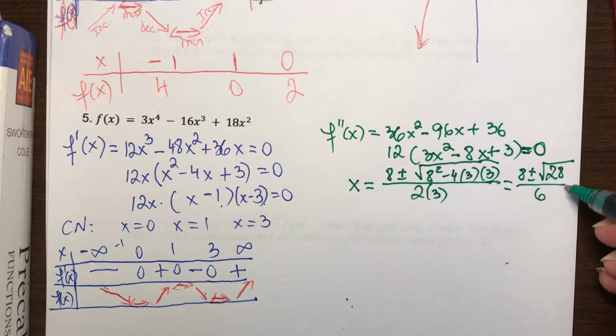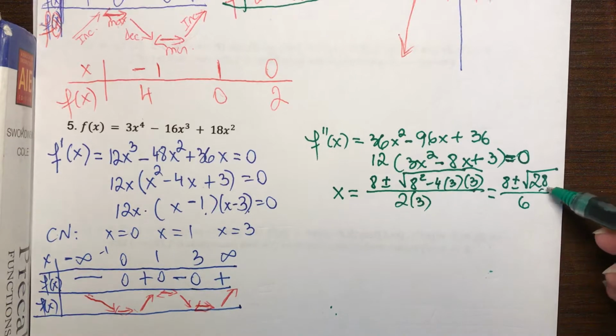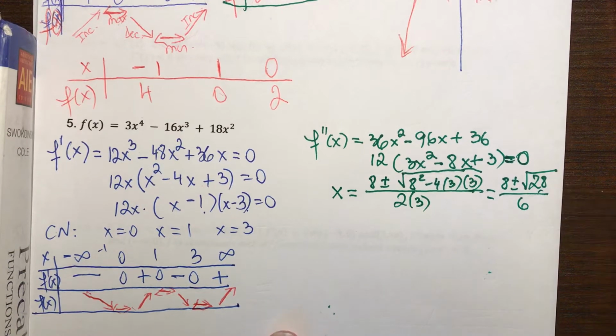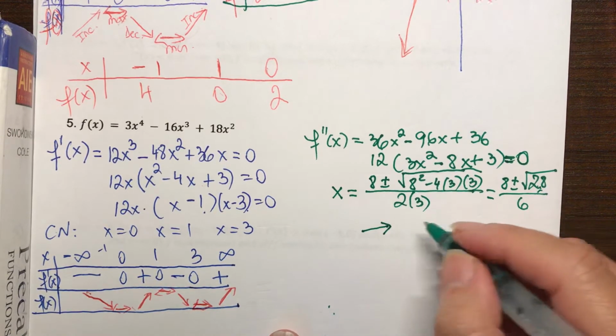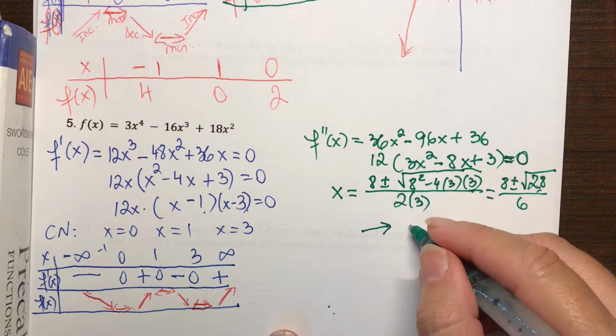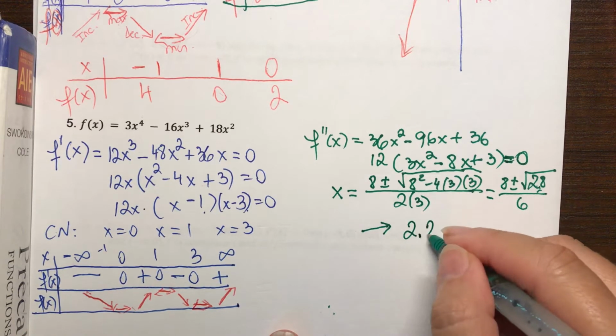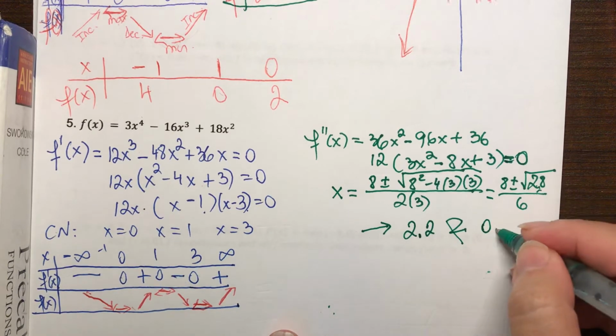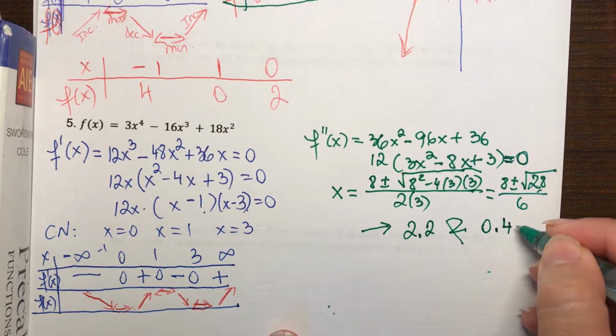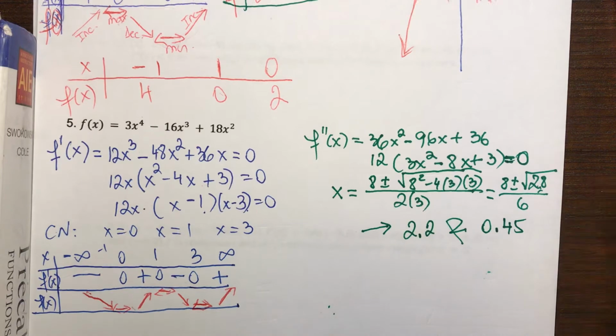And as you see, this is not a perfect square, which is why this wasn't factorable, right? So put in a calculator, 8 plus the square root of 28 divided by 6. By the way, I already did that. So I'm going to get 2 answers. One of them is 2.2-ish. And the other one with the negative is going to be about 0.45.